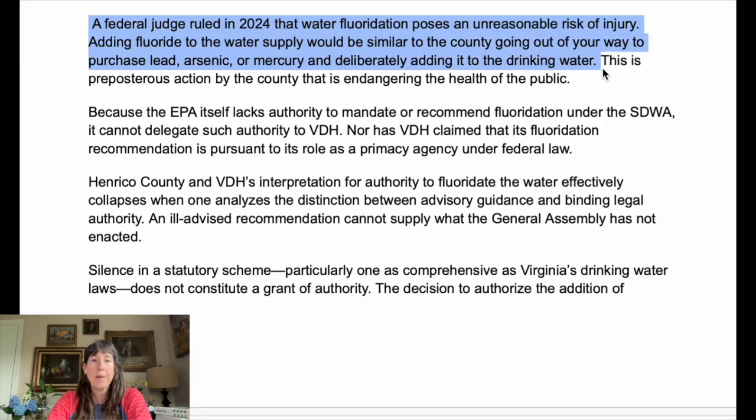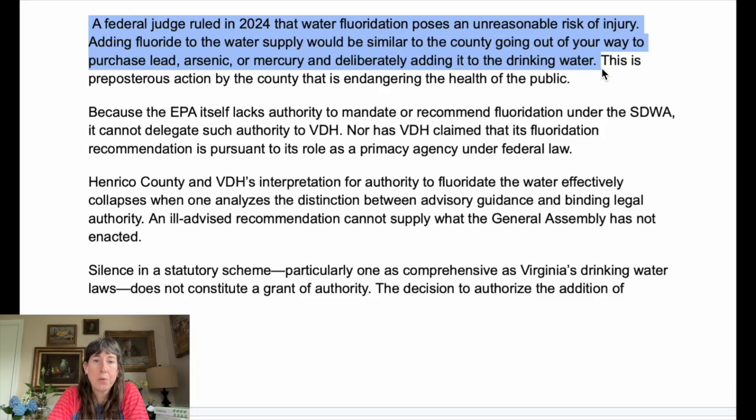Henrico County Board of Supervisors and county manager cannot legally give multivitamins to the public, but they can put this chemical drug in the drinking water. It's absolutely ludicrous. A federal judge ruled in 2024 that water fluoridation poses an unreasonable risk of injury.